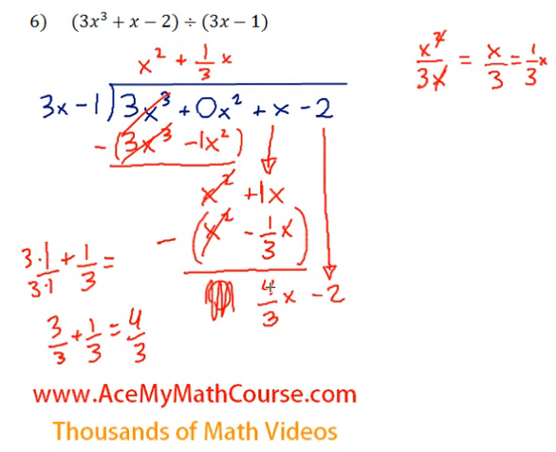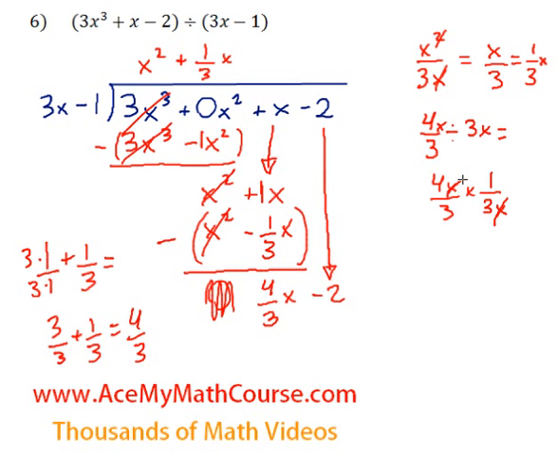And we'll divide 4 over 3 x by 3x to get our final number here, our last number. So 4 over 3 x divided by 3x is just going to be the same as 4x over 3 times 1 over 3x. The x's are going to cancel out.